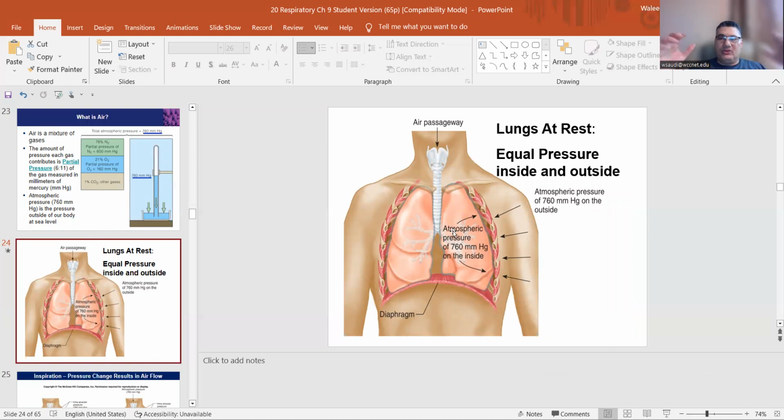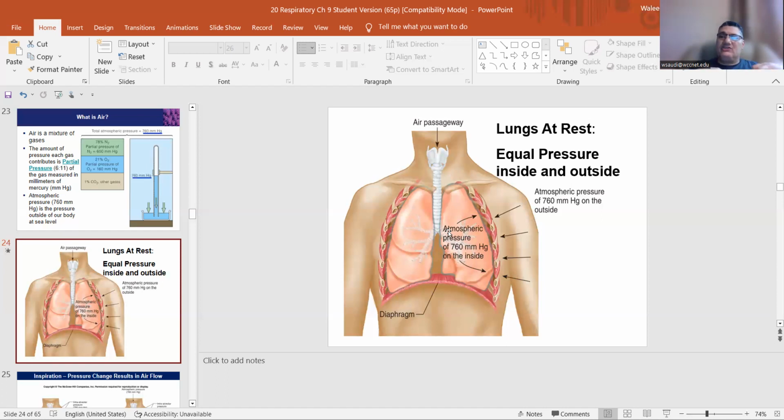To make it simple, when you inhale or inspire, meaning the air moves in, you contract your muscles, like the intercostal muscles, which move the ribs so that the lungs or the chest space become bigger. Also, the diaphragm pushes down, flattens, and moves down. Both of those together make the space larger. And when you make the space larger, the pressure inside the lungs will drop so that the air moves in.